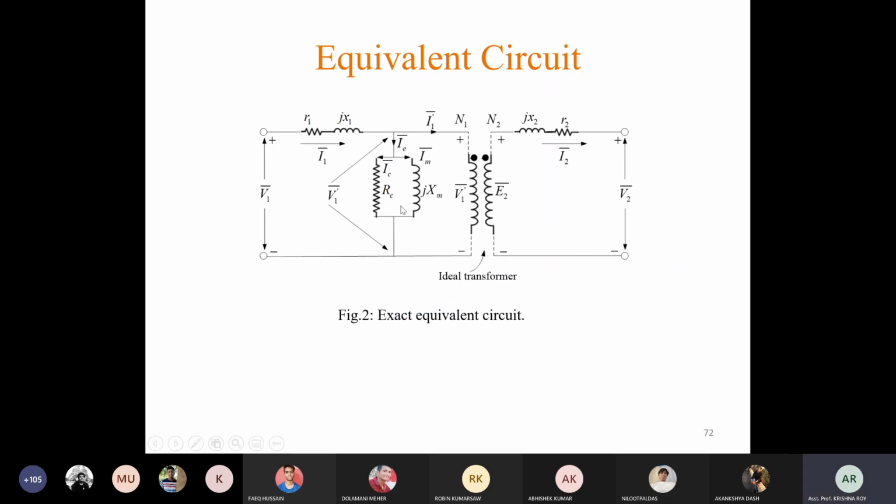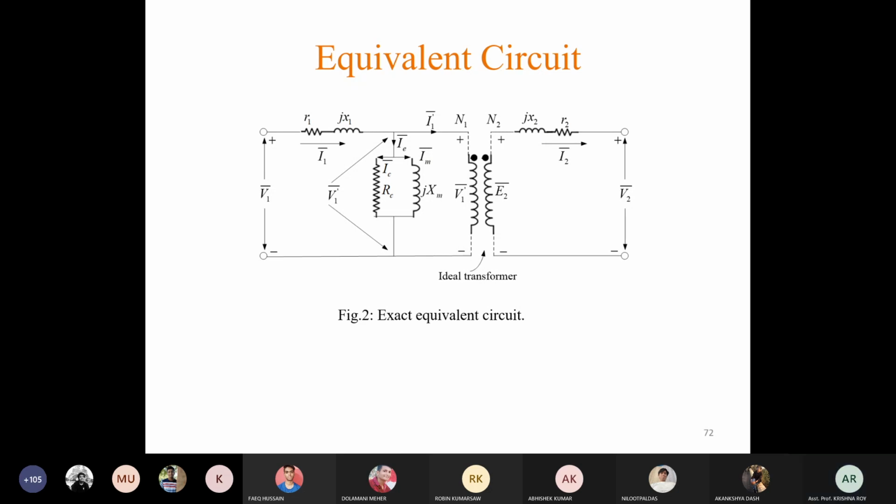Now in this diagram the exciting current is included. So we have one parallel branch or shunt branch through which this exciting current will flow, and we know that exciting current has two components.